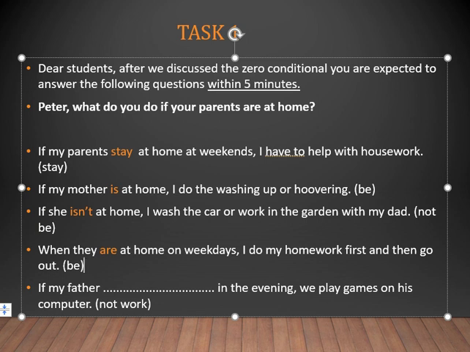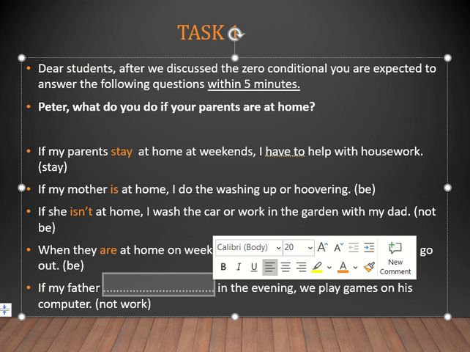If my father doesn't work in the evening, we play games on his computer. We have between the brackets not work. So we have negative form here. Please focus very well. So if my father what? Don't work or doesn't work? Yes, if my father doesn't work. If my father doesn't work.